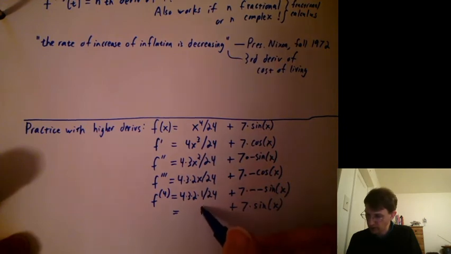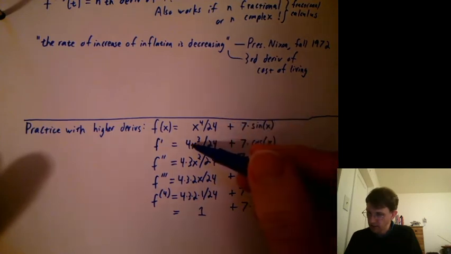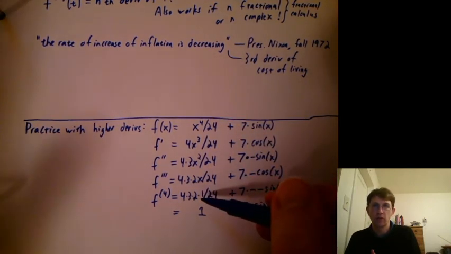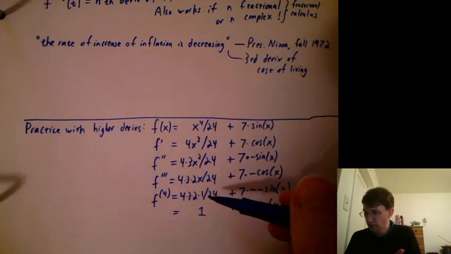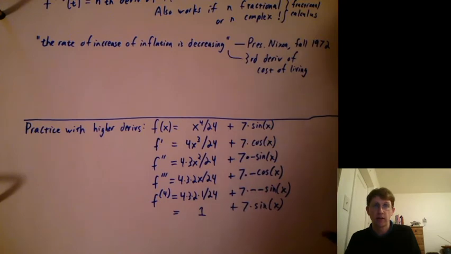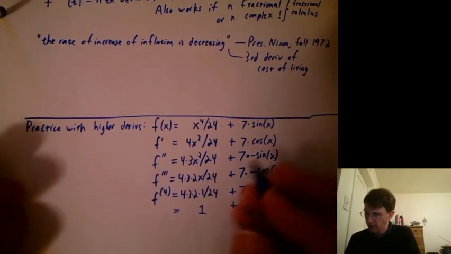So this all boiled down to just 1. Kind of interesting. You might have noticed I didn't do any arithmetic as we went along because the pattern 4 times 3 times 2 times 1 is kind of important. You might have seen factorials before. I'm essentially getting a factorial there. Not to spoil all of Calc 2 for you. It's not really all of Calc 2.